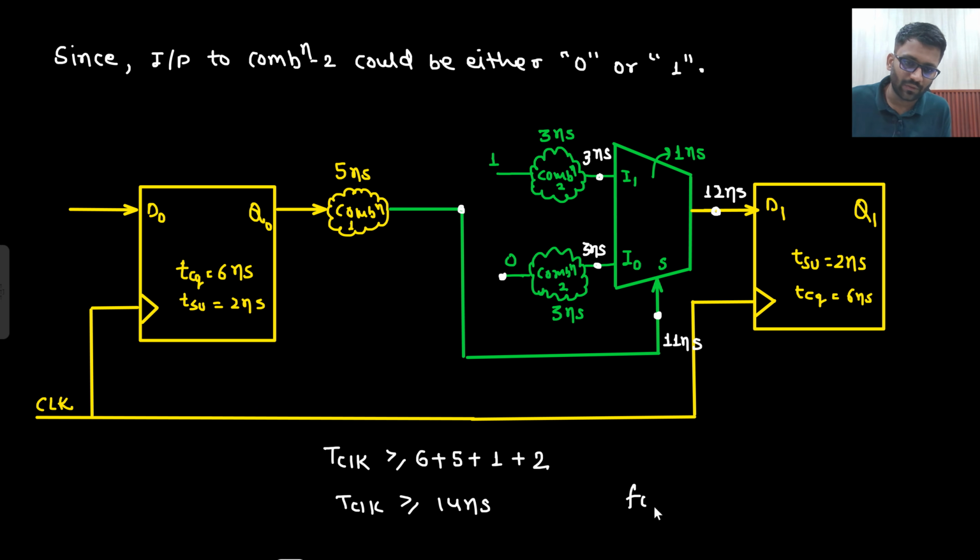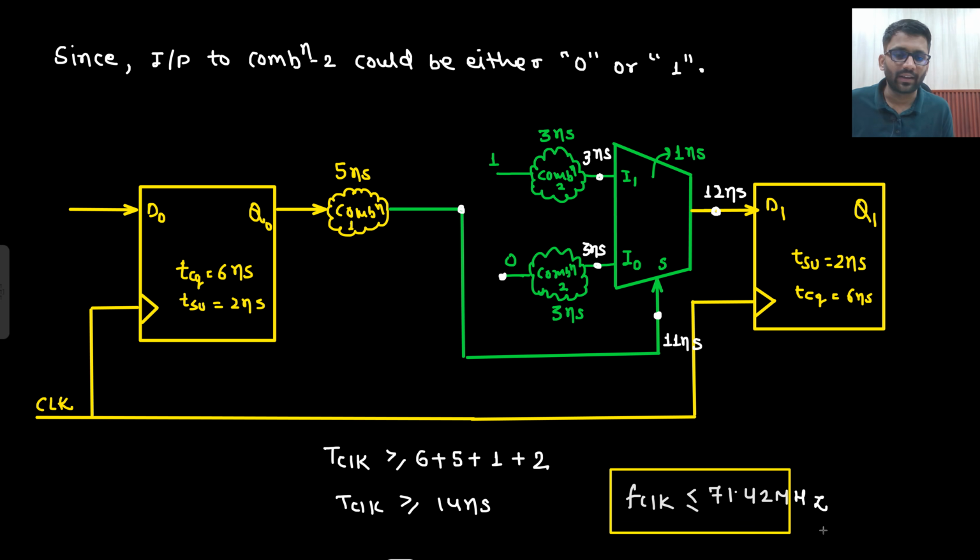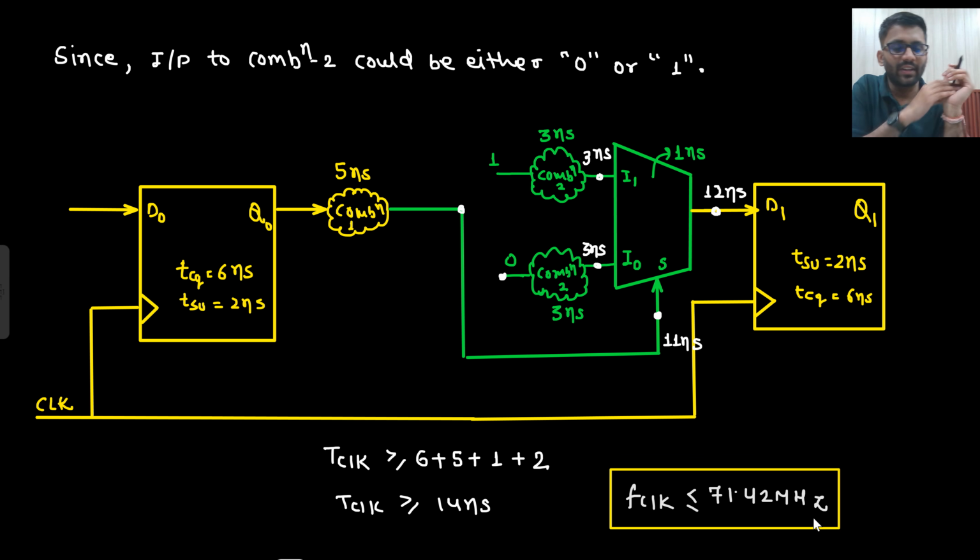Okay, so from F clock what am I getting? 71.42. So again I have increased the clock frequency, so now my circuit will allow 71.42 megahertz clock frequency. Okay, and here there is no issue of latency.